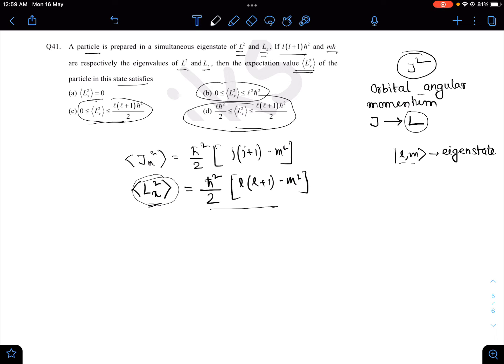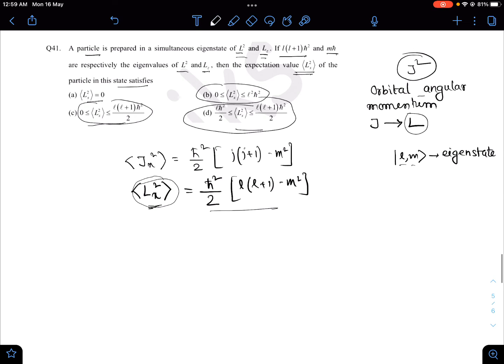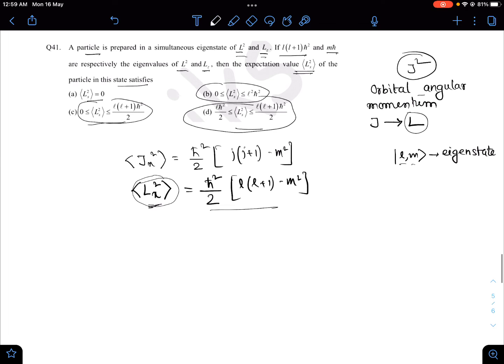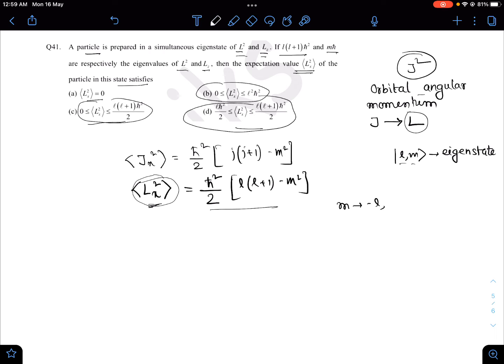So what is the value of m for a fixed value of L? We have m values minus L, minus L plus 1, up to L minus 1 and L. What is the maximum value of m? The maximum modulus value can be L, and the minimum modulus value is 0.